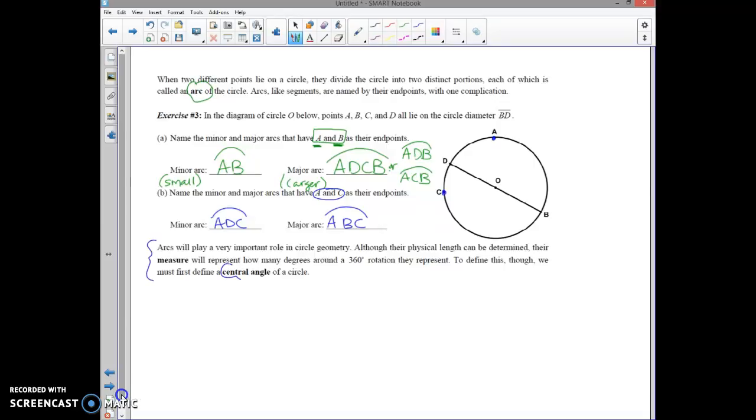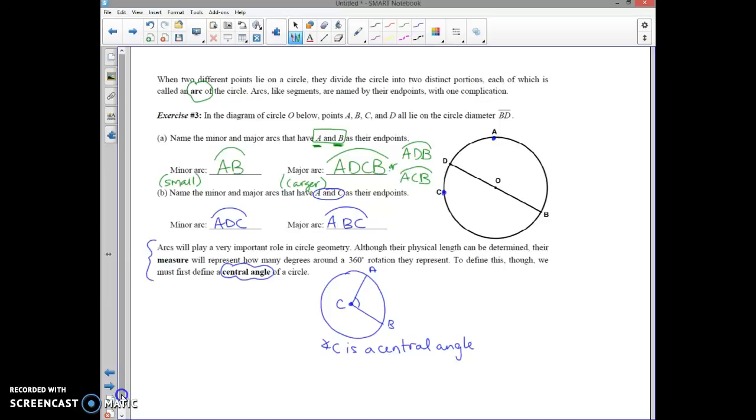We're going to talk about central angles. Please remember, we talked about central angles before. Central angles touch the center of the circle. So this angle C is a central angle. Angle C touches the center of the circle, and let's say it's created by arc AB.